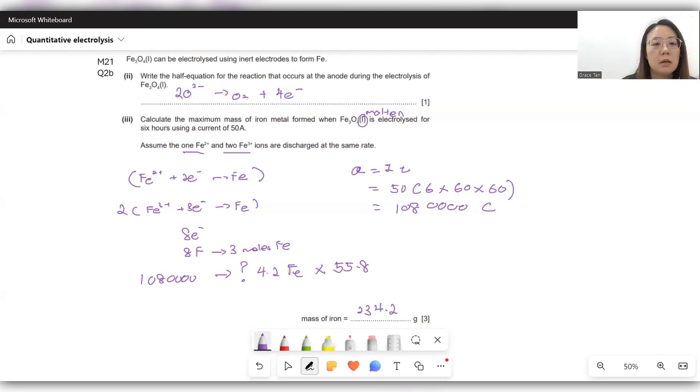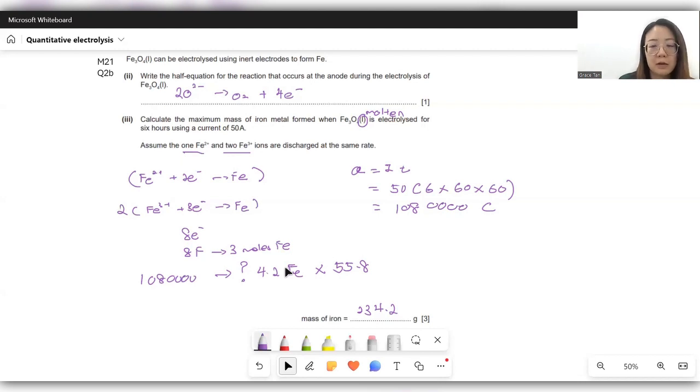In this one, they have 2 types of iron, so you need to do it separately and combine to find the total number of electrons needed, which is also the number of Faraday needed, which is 8 Faraday. That shows how to calculate the total mass or volume formed from your electrolysis.